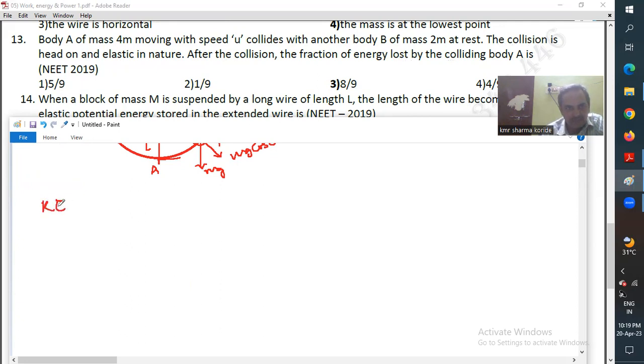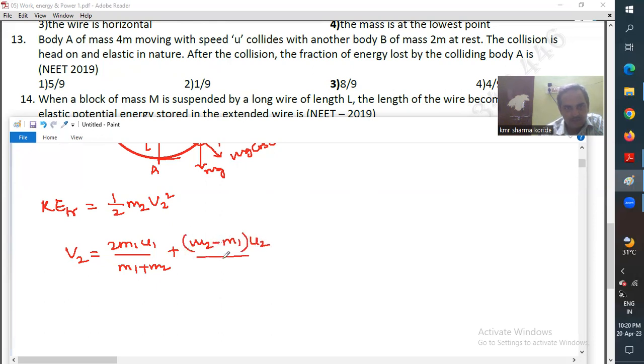So first let us write the kinetic energy transferred to the second body, which is half m2 v2 square. So get back the expression of v2, that is 2m1 u1 divided by m1 plus m2, plus m2 minus m1 with u2 divided by m1 plus m2. Since u2 is 0, the second body is at rest, so this quantity vanishes.